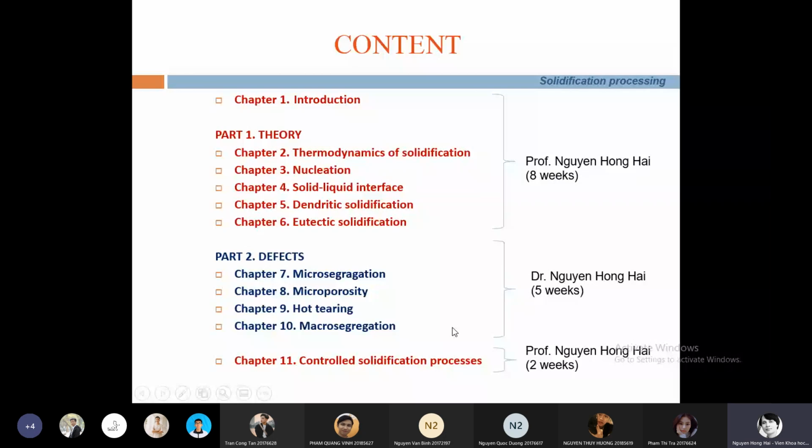Okay, and after this we will do the midterm examination. The midterm examination is a test plus some exercises. And the final exam has the same form.